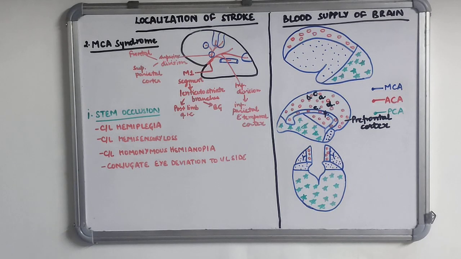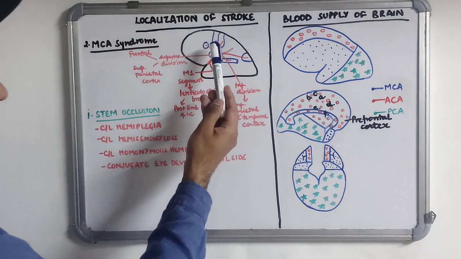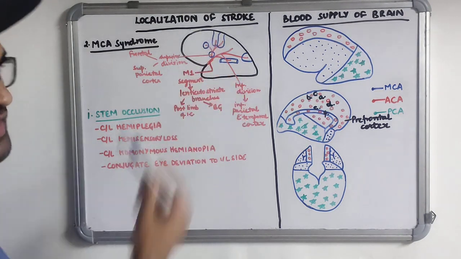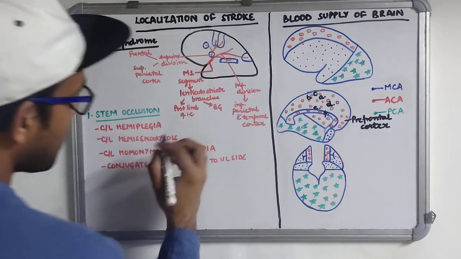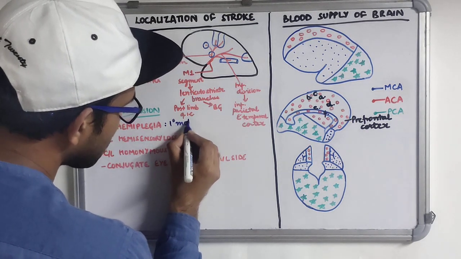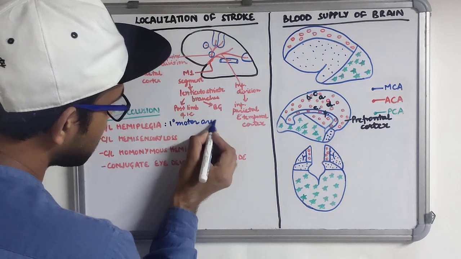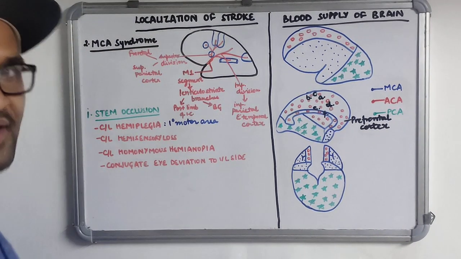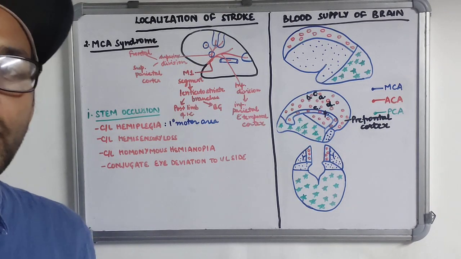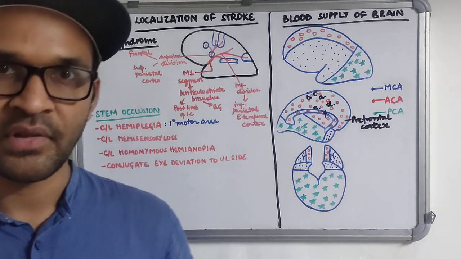Now, why does contralateral hemiplegia occur? Because the middle cerebral artery supplies the primary motor area, Brodmann area number 4. Due to involvement of the primary motor area, contralateral hemiplegia ensues. Primarily it supplies the primary motor area for face and arm.